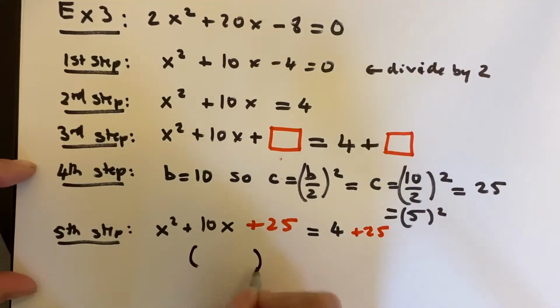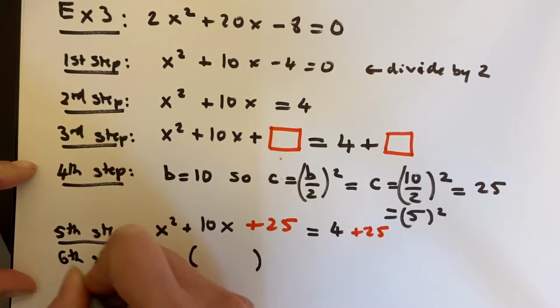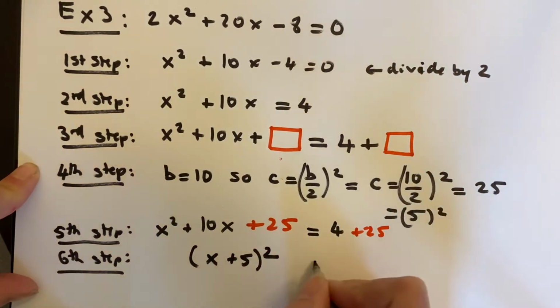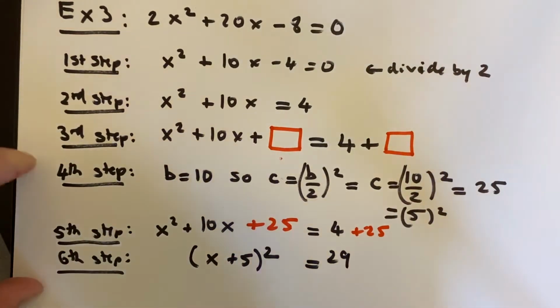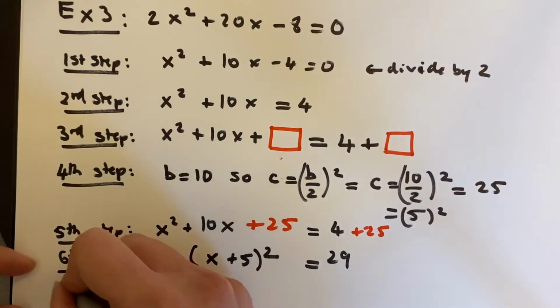Now I have my perfect square binomial, which is x plus 5 squared equals 29. I now am able to take my square roots.